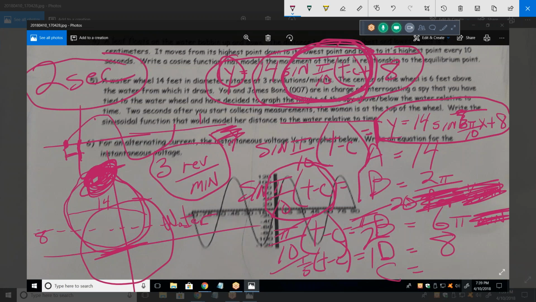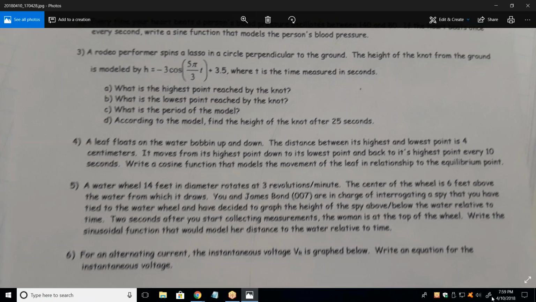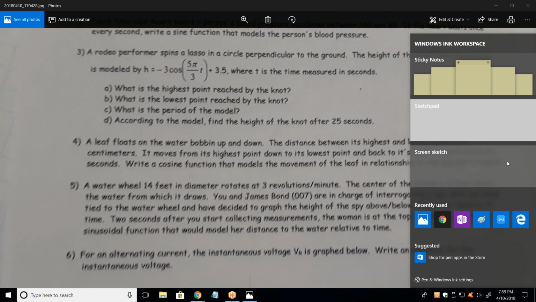Okay? And a better example than a water wheel would be, I won't take up any more of your time, but if you had a Ferris wheel. Let me just point this out because I think it'll help in your understanding of it by a lot.